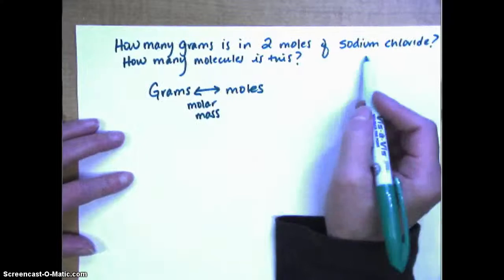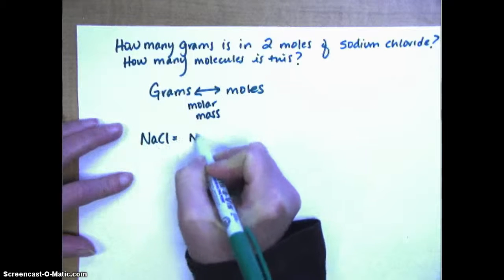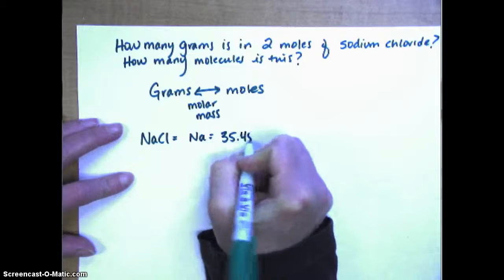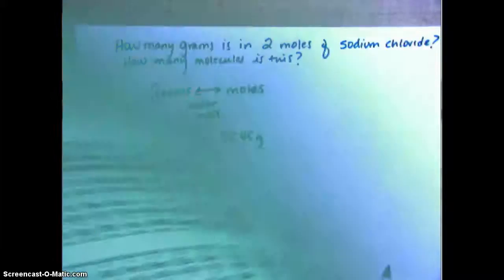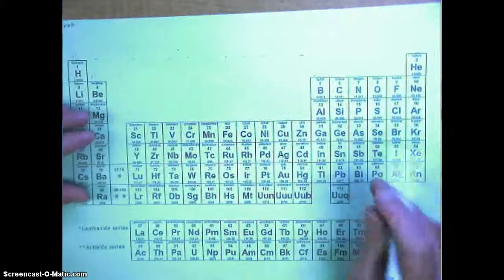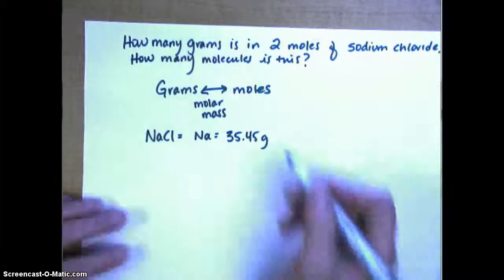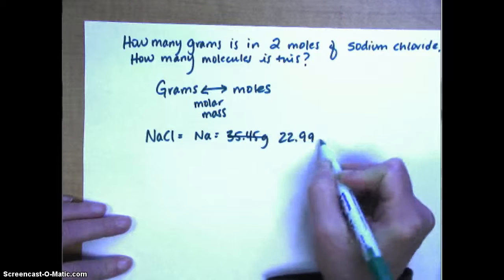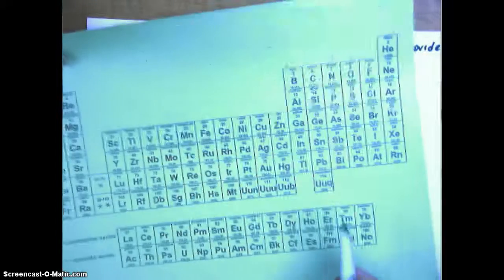So the molar mass of sodium chloride, NaCl, equals 1 Na, which is 22.990 grams, and chlorine's is 35.45 grams.